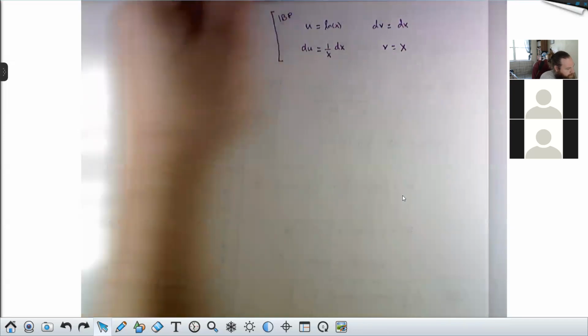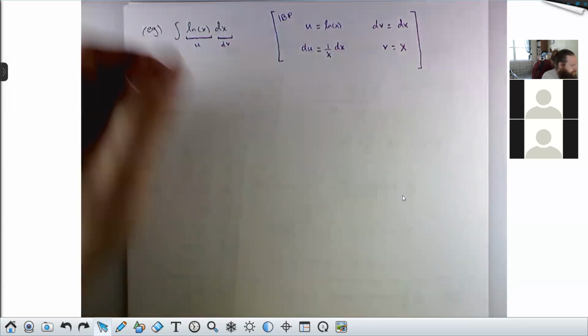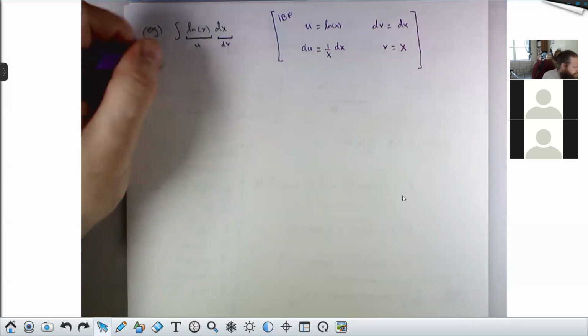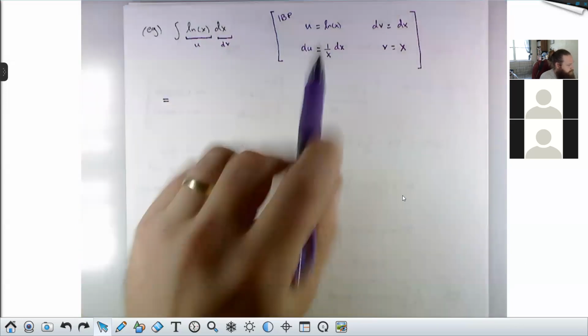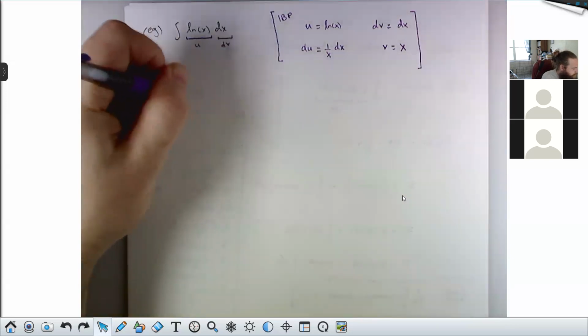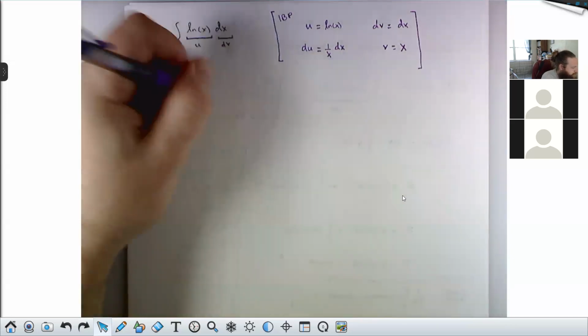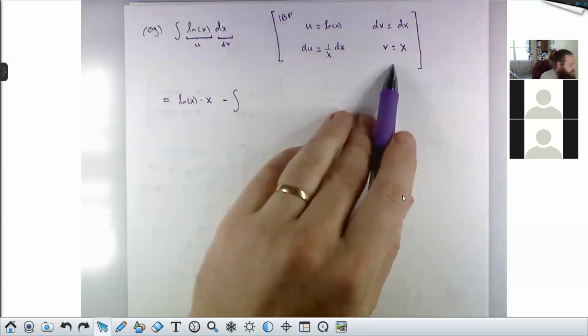There's my little table. And now we follow the recipe. The recipe says that the integral of u times dv is equal to u times v, it's the ln of x times x, minus the integral of v times du.